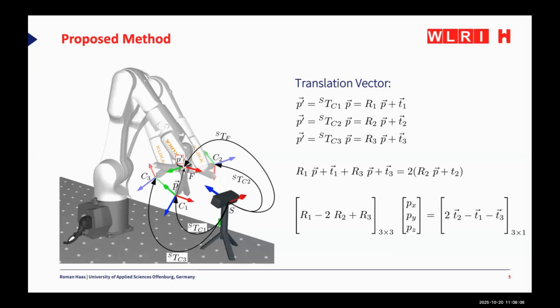P prime is always the same point because we rotate around this coordinate system. So with these 3 equations, we can equalize them and get to this equation. And we can write this as a matrix formulation. So we get a system of linear equations, and we have 3 unknowns. So this is the translation vector that we are looking for. And we have 3 equations, so it is not underdetermined, so it works for us.